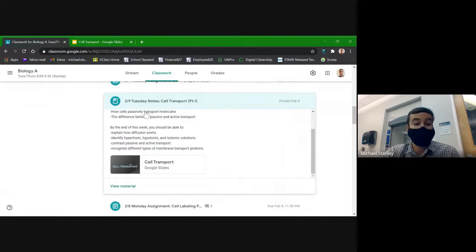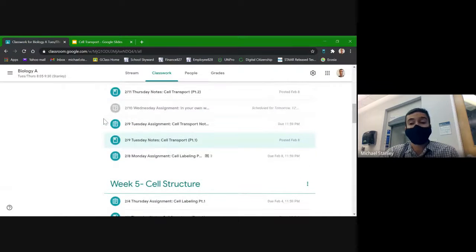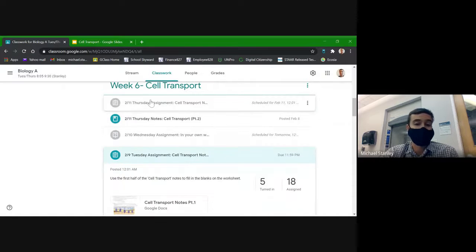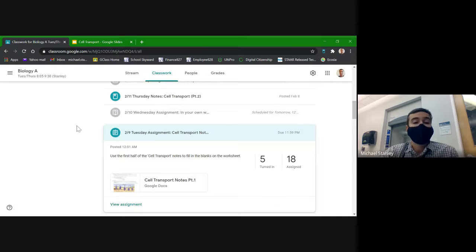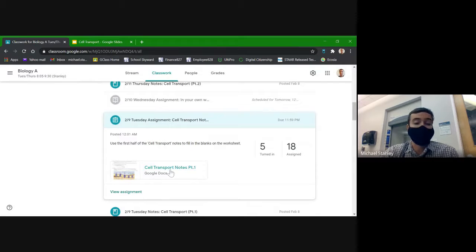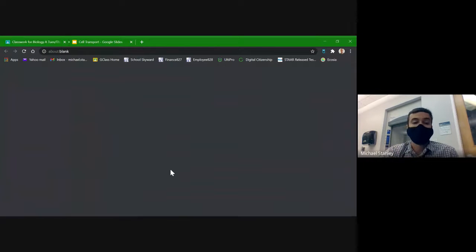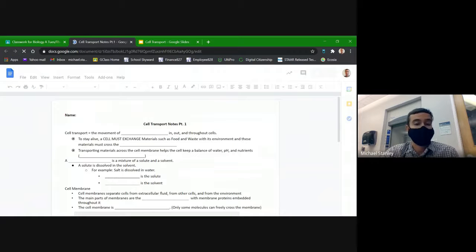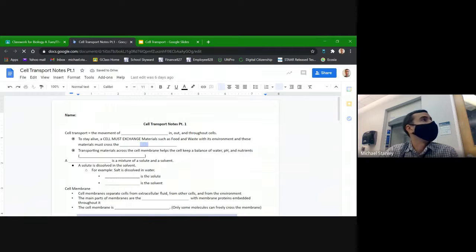So like I was saying at the beginning of class today, the assignment for today and also the assignment for tomorrow goes directly along with the notes that we were just looking at. And so you can fill in the information in these blanks right here with the material that you find in the notes.